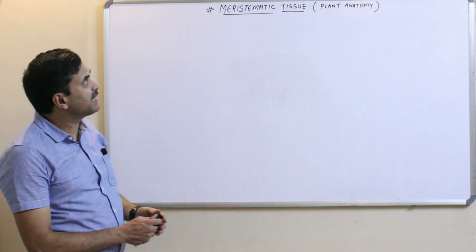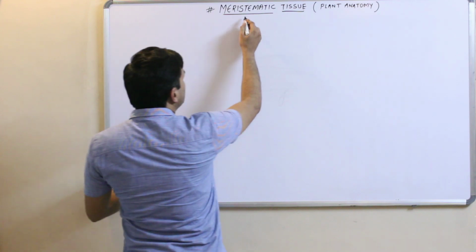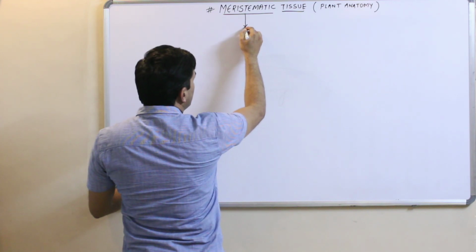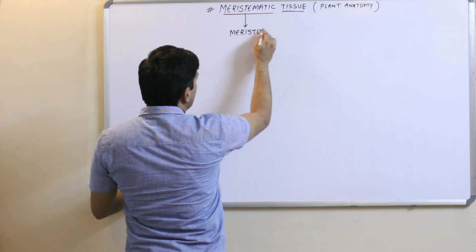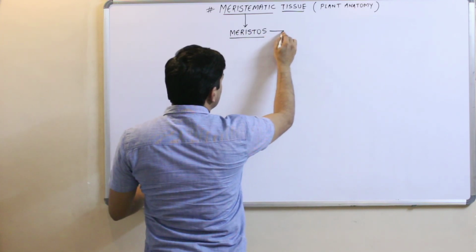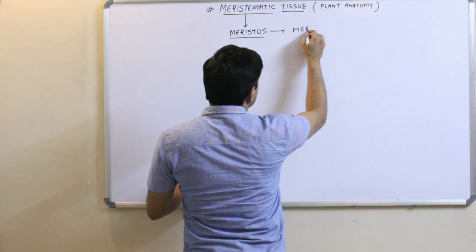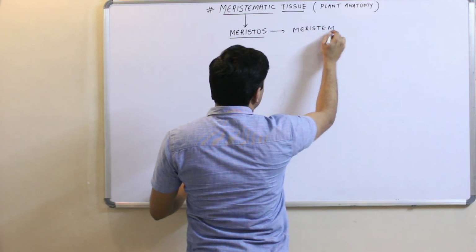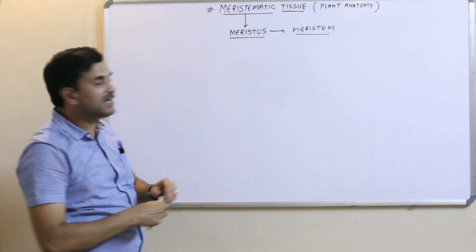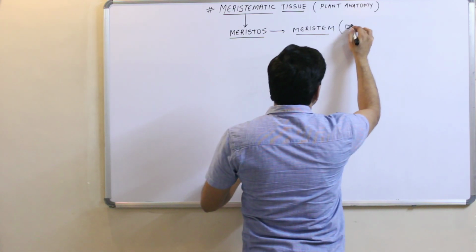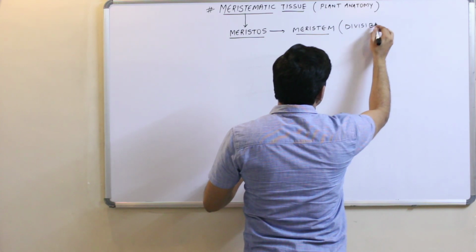Now, from where is the term meristematic tissue coming? Actually there is a word known as meristose. From the word meristose, the word meristem was created, and meristem means divisible.